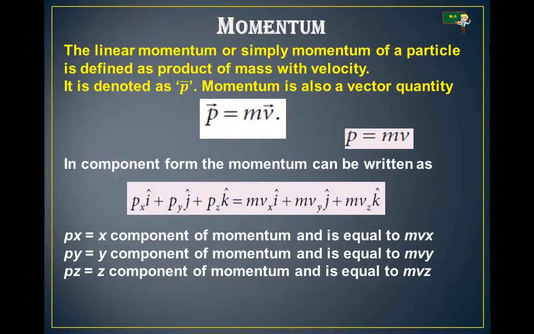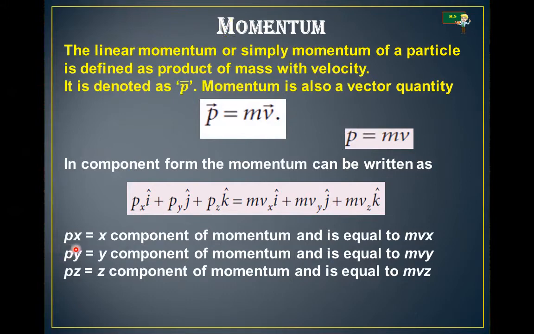The component form of the momentum can be written as Px i cap plus Py j cap plus Pz k cap is equal to m vx i cap plus m vy j cap plus m vz k cap. We put mv instead of p.